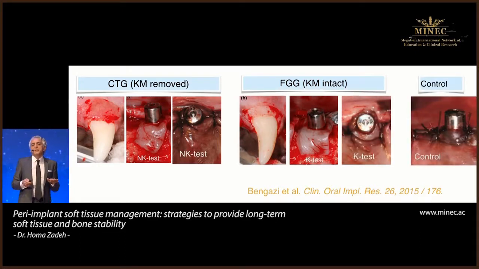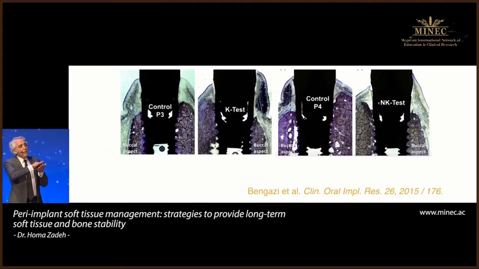What they showed in this is that when they use a graft, whether the epithelium was kept intact or removed and placed under the flap, in either case, thickening the biotype in this way was associated with more marginal bone stability. So whether you use a free gingival graft or a connective tissue graft, both of them work by increasing the mucosal thickness, and they lead to more marginal bone stability.